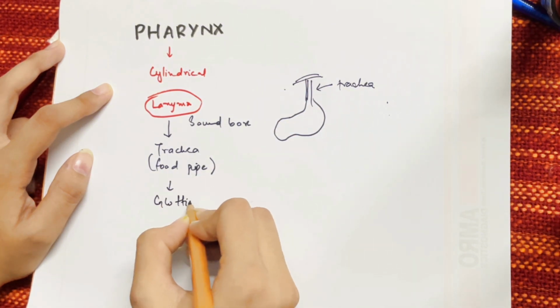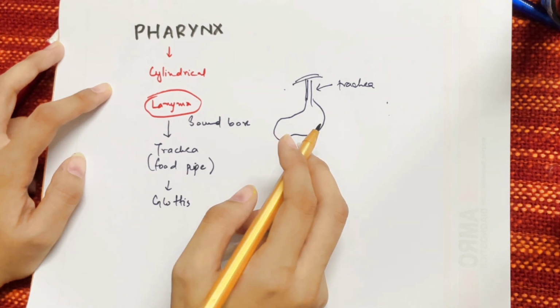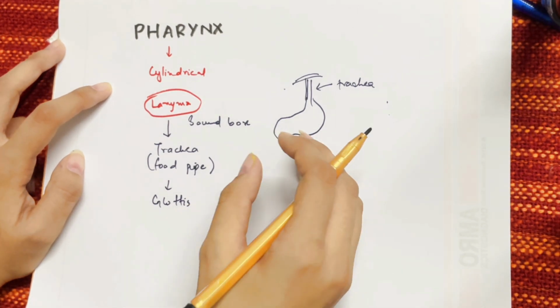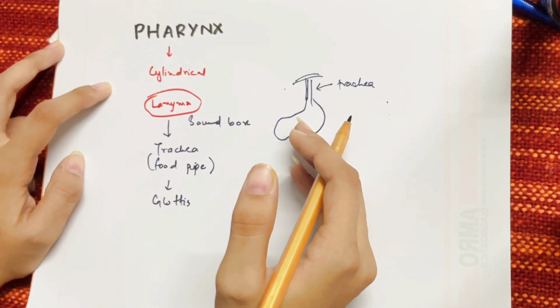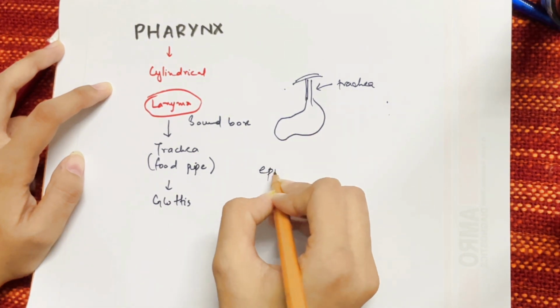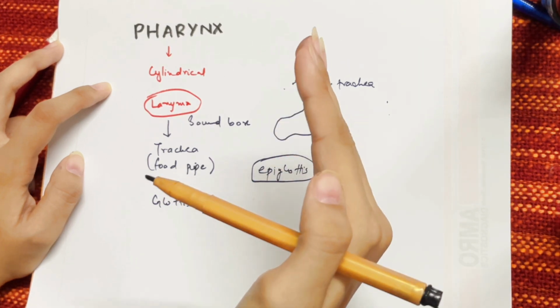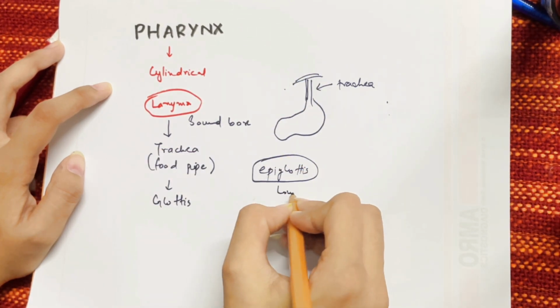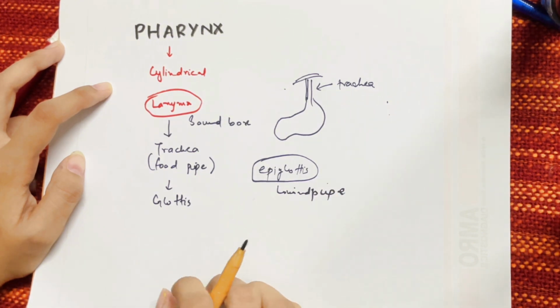The glottis prevents other particles from entering into the trachea. The food does not enter the trachea as it is covered by a cartilaginous flap-like structure known as the epiglottis. The epiglottis covers the windpipe so that the food molecules cannot enter into the windpipe.